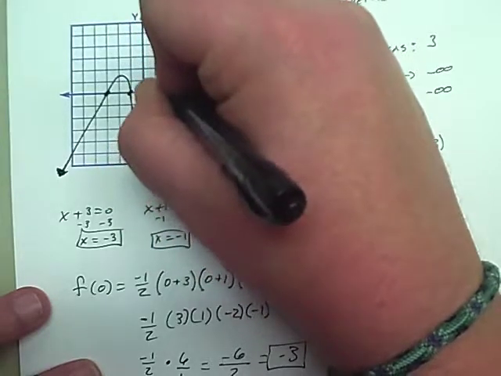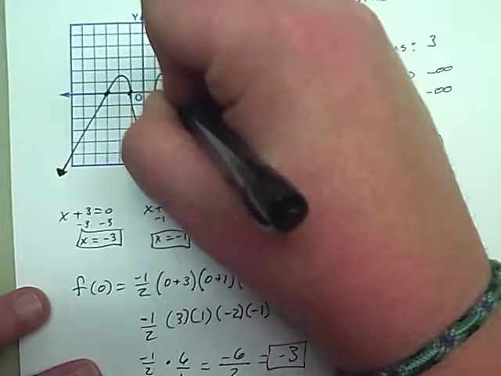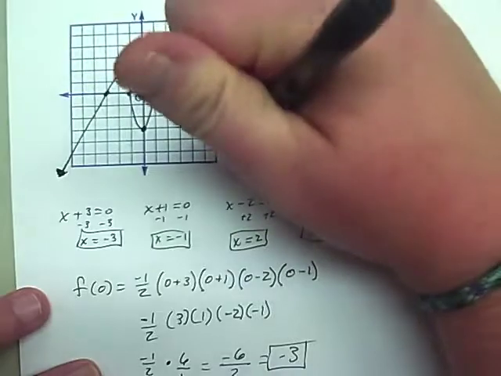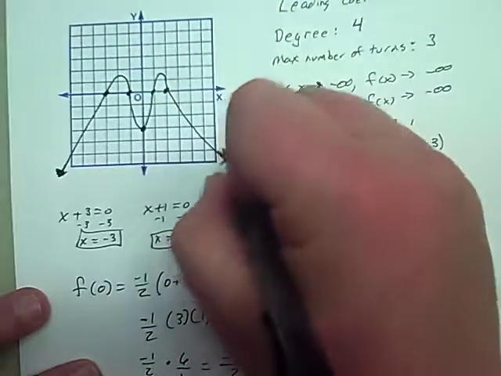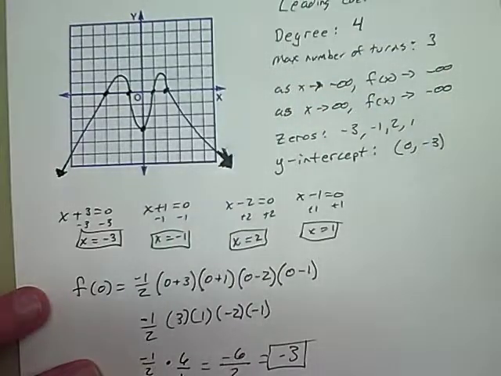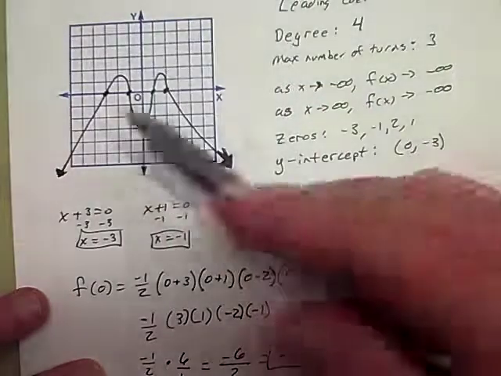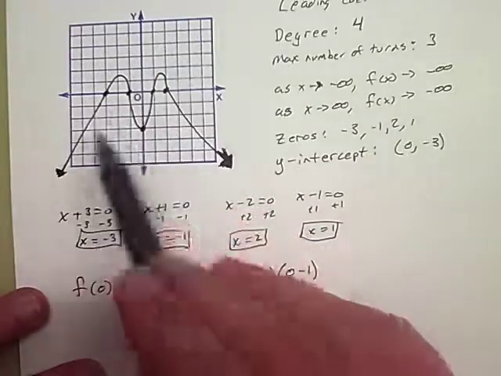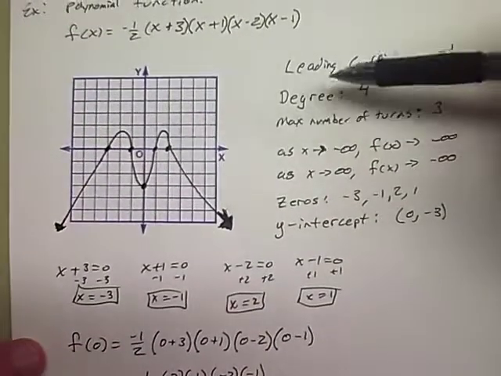Up and over. And sort of got to my arrow out there. Everybody knows that's my arrow. And there we go. This is the graph. It's not perfect, it's not great, but this is the graph of our function.